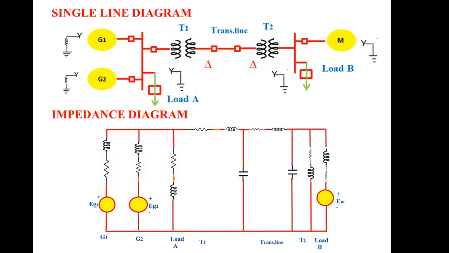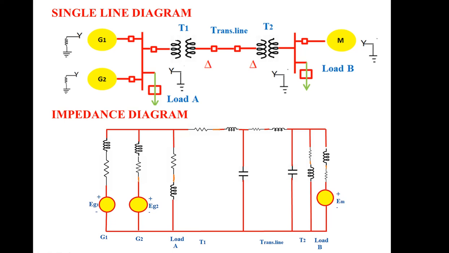Various types of loads are there: synchronous motor, induction motor, light, heating coil, etc. The various components and their interconnections are usually represented by their single line diagram. It is represented by standard symbols, and interconnections are shown by a single line.